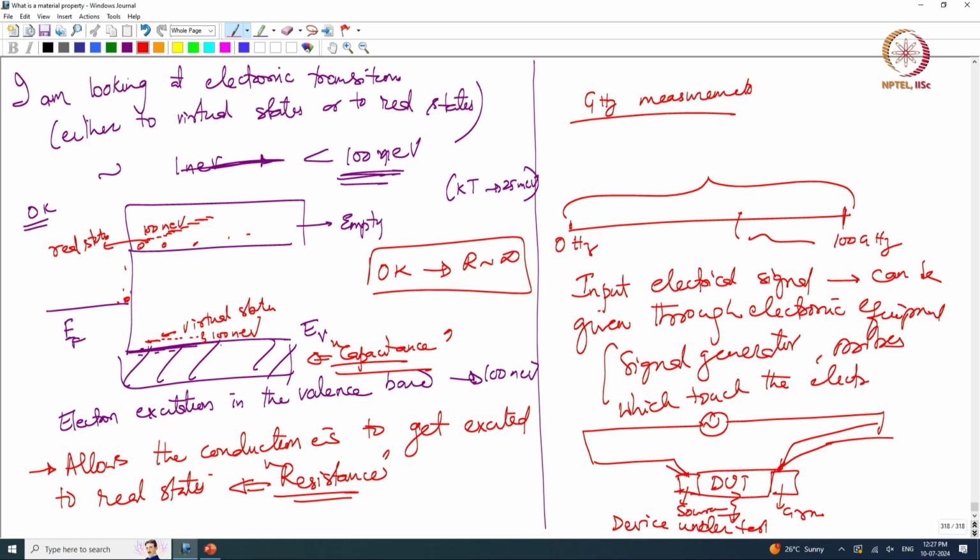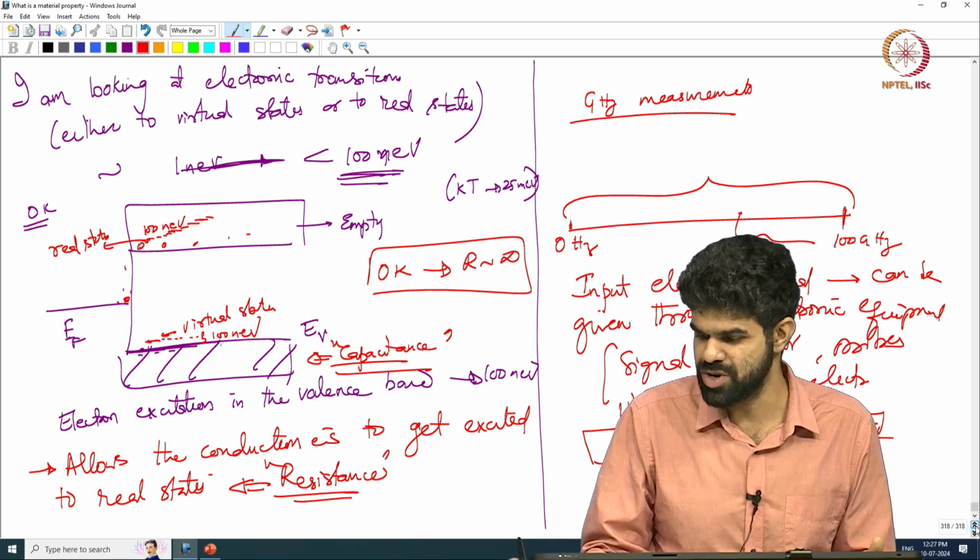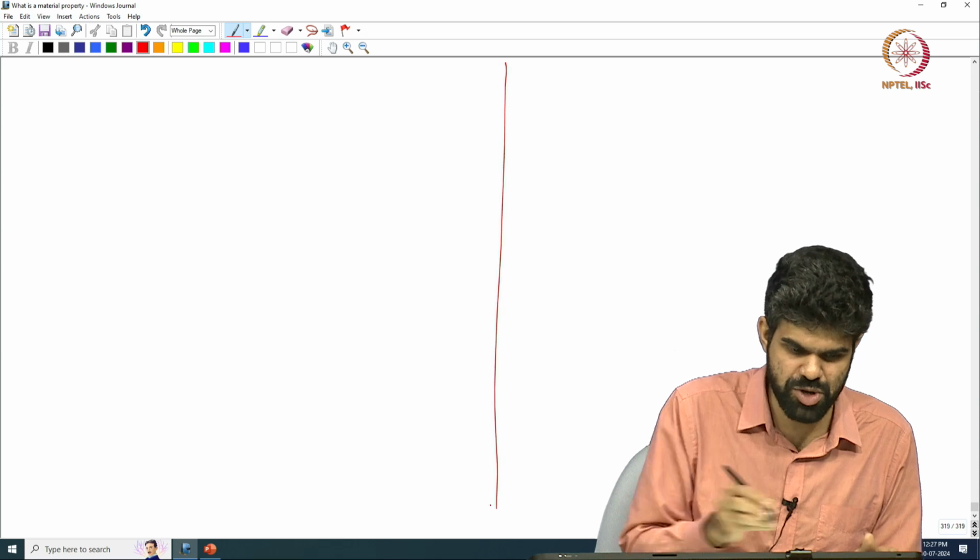This is still called spectroscopy because I am getting frequency-related information, of both the imaginary part and the real part of the dielectric constant. Both these things I can measure through impedance spectroscopy. The electronic processes this is probing are near the valence band and near the conduction band, about 100 nano electron volts.